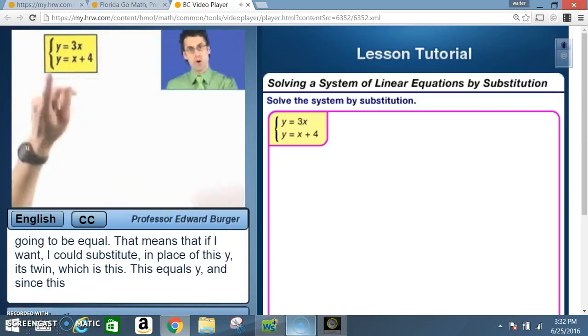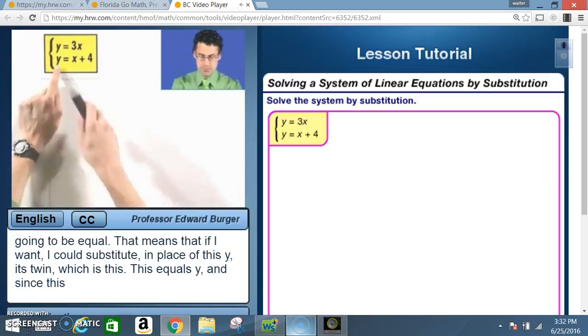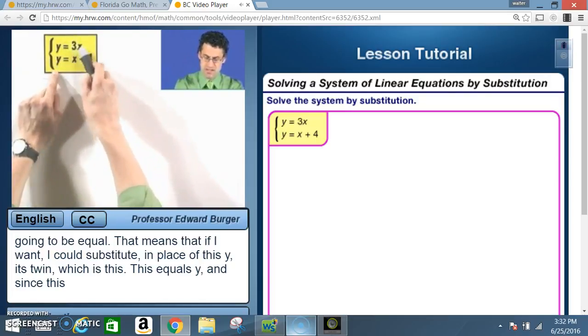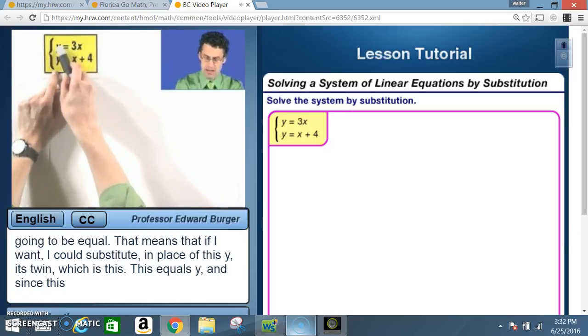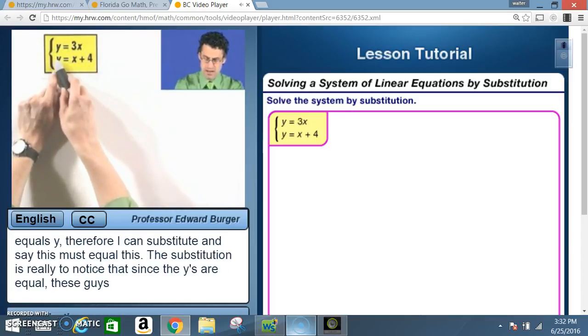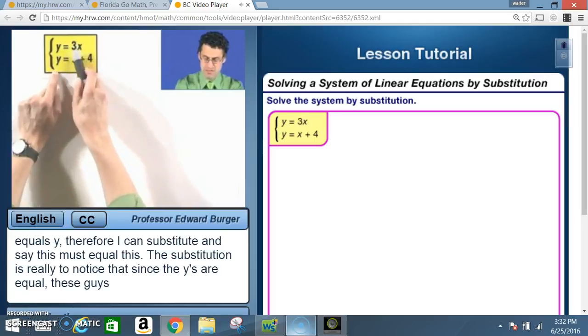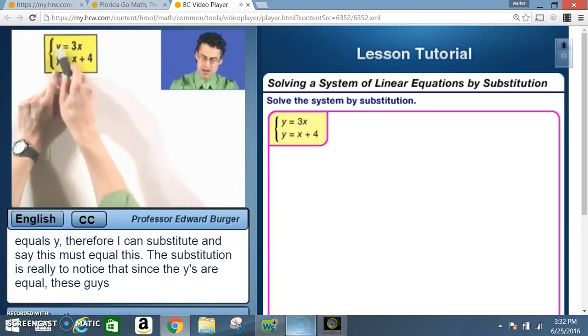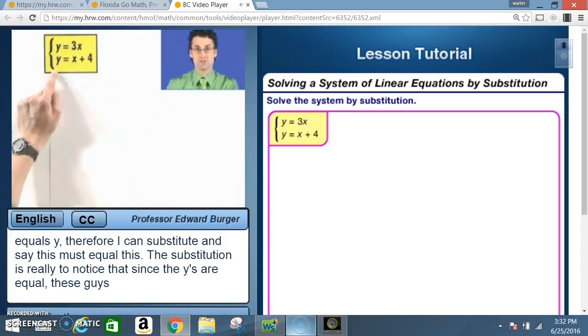Well, that means that I could substitute in place of this y its twin, which is this. This equals y, and since this equals y, I can substitute and say this must equal this. So the substitution is really to notice that since the y's are equal, these must be equal as well.